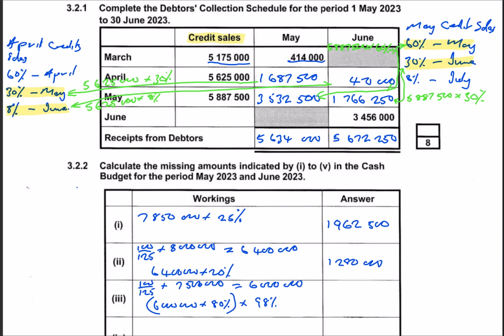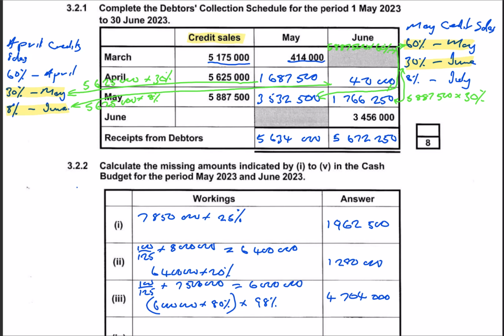So the easiest way is 80% of 6 million, and whatever you get from that times 98% gets you straight to the answer. That will give you 4,800,000 times 98%, which gives 4,704,000. That will be the answer. If you want to go the long way, it just wastes your time.